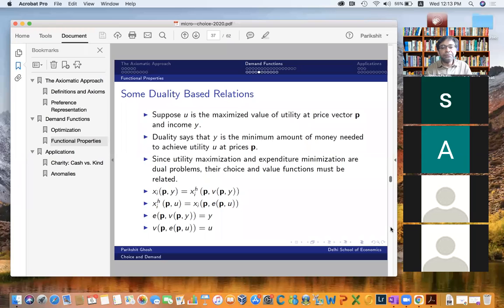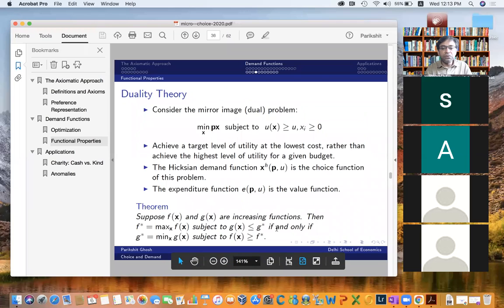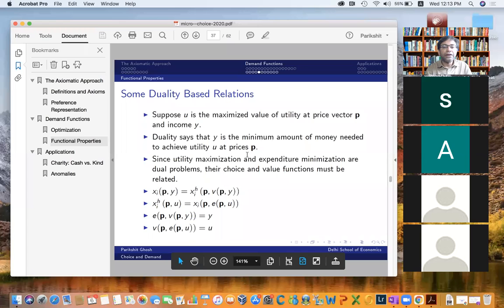Now, given the nature of duality that we discussed, and given this result, there are some duality-based properties that we can write down, some linkages between, say, Marshallian demand functions and Hicksian demand functions.